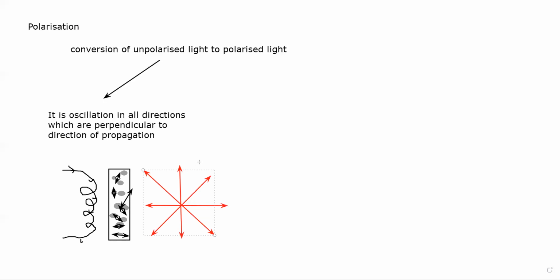But this light will be bright because it has more planes of vibration, and the direction in which they are traveling is perpendicular to the vibration of all of these. So example, if this wave is traveling, you can see all vibrations are 90 degrees to the direction of travel or direction of propagation.